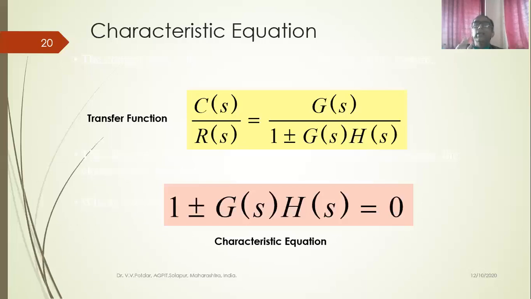As a designer, from this mathematical analysis, from this characteristic equation, I can predict for what values of spring stiffness K, damping coefficient B, and representative mass, the suspension system will operate within the stable range, when it will become unstable, and when it will become critically stable.